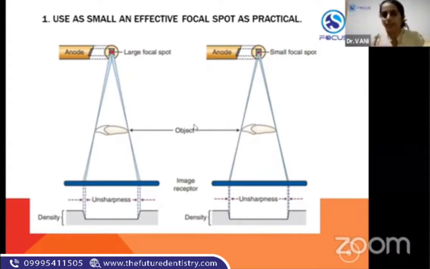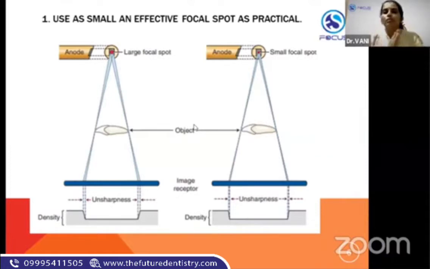As I have already mentioned, out of the electron beam striking the tungsten target, 99% is converted into heat. So that heat needs to be dissipated. If we reduce the overall surface area of the tungsten target, or the focal spot size, the heat generated will lead to damage of the focal spot. So that is not practical.